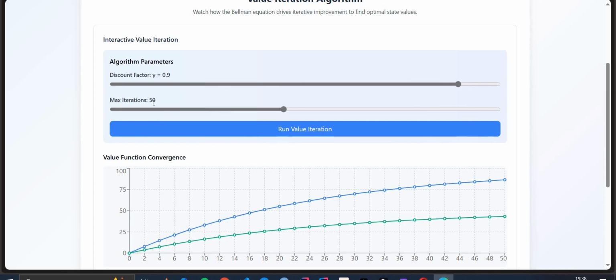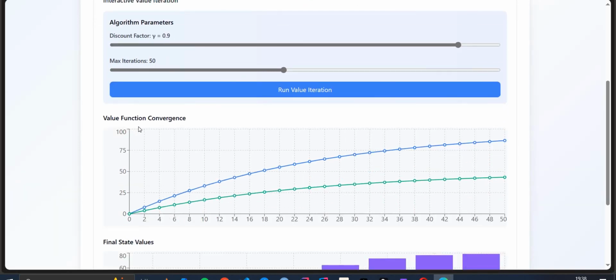And the discount factor, written like that here, gamma equals 0.9, tells us how much we care about future rewards compared to immediate ones. A value close to 1 means future rewards are almost as important as current ones. A smaller value means we prefer short-term gains.